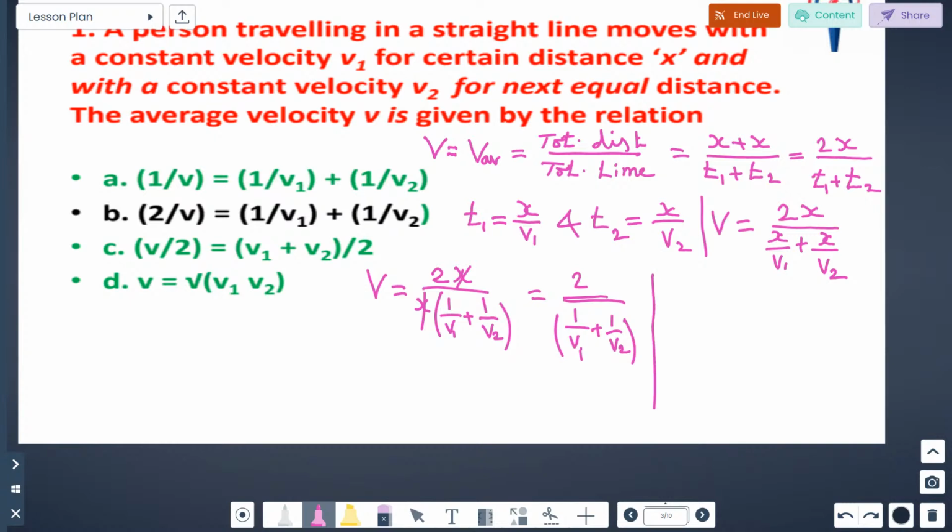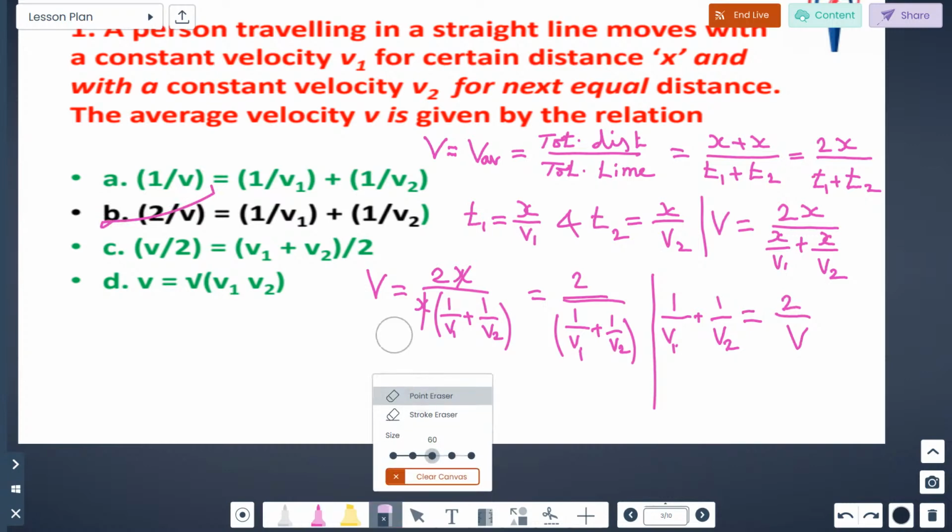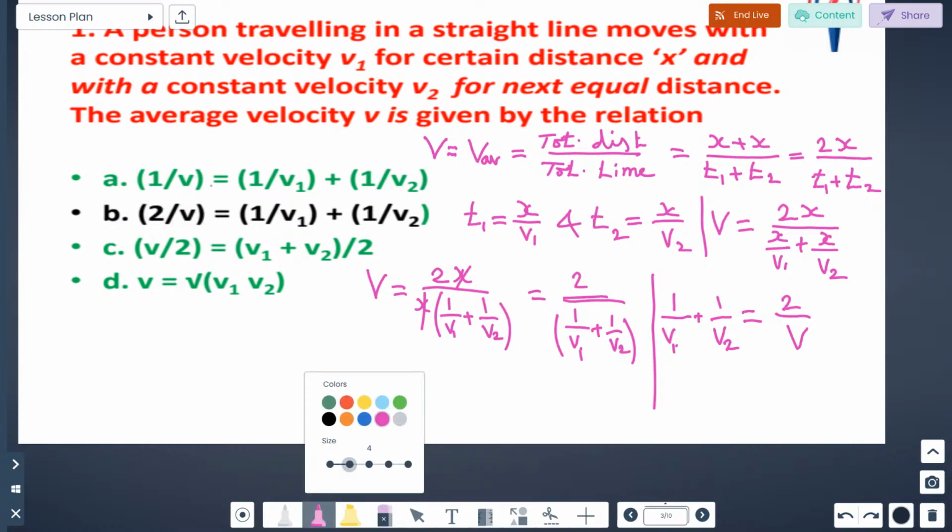That is 1 by v1 plus 1 by v2 equal to 2 by v. That is nothing but 2 by v equal to 1 by v1 plus 1 by v2. That is option B. Option B is the correct answer.